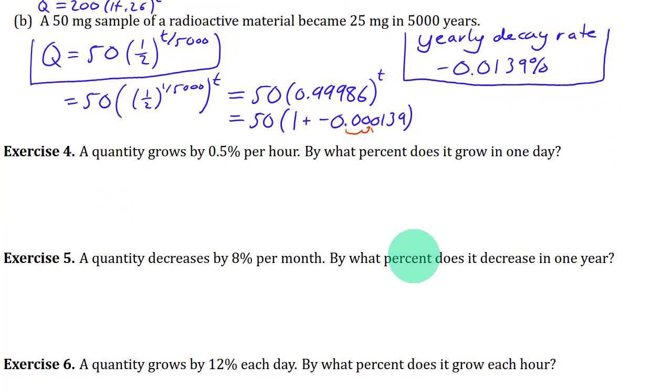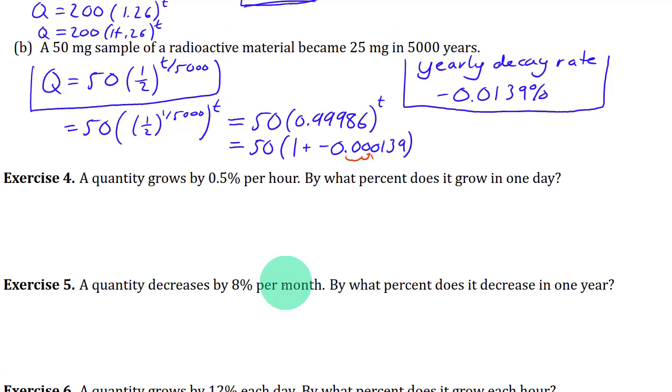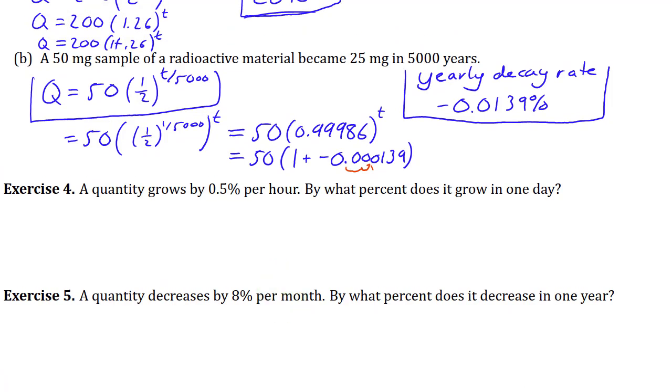Okay, a quantity grows by 0.5% per hour. By what percent does it grow in 1 day? So let's see. Let's say that t is the number of hours, I guess.